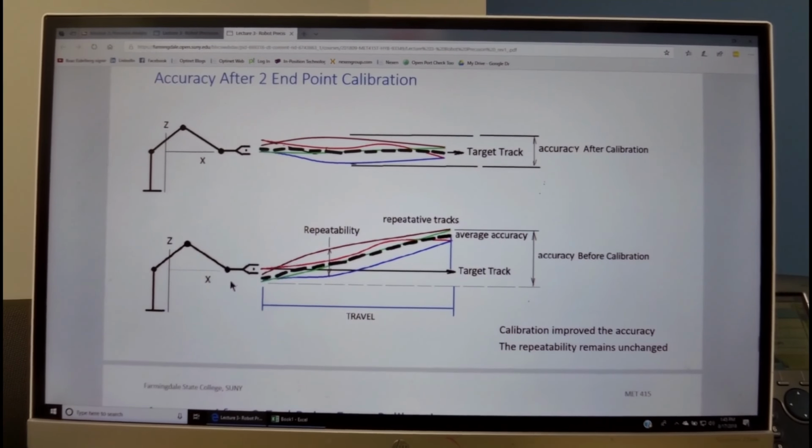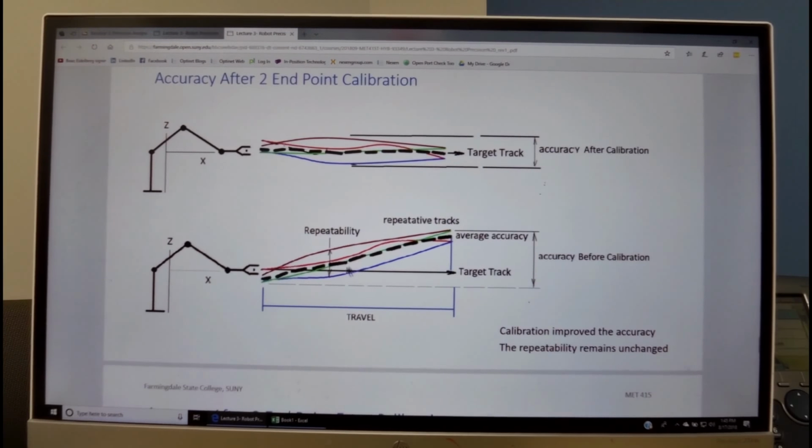So if the average accuracy was previously like that, after two endpoint calibration the average accuracy will be here. We remove this linear error out of the positioning system, and we end up with this curve.